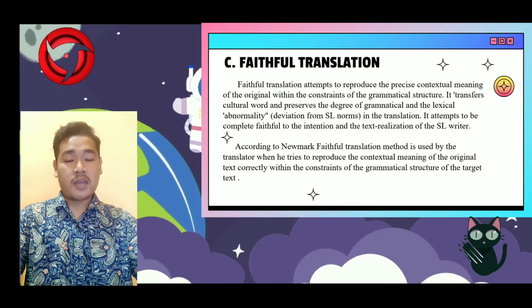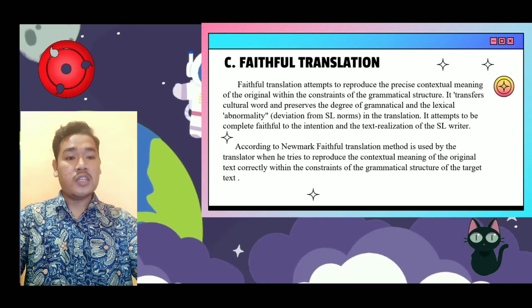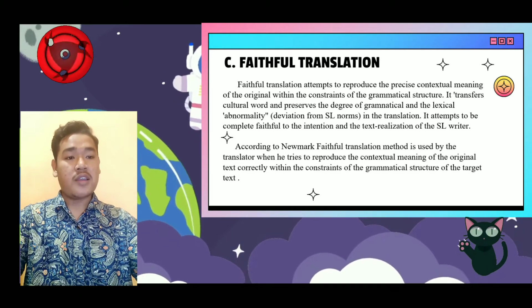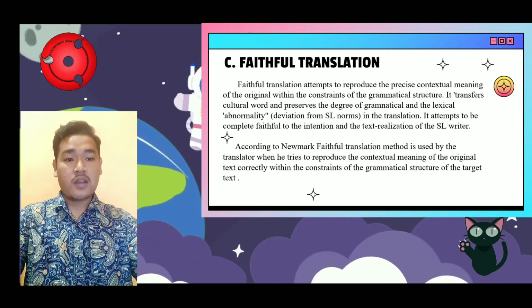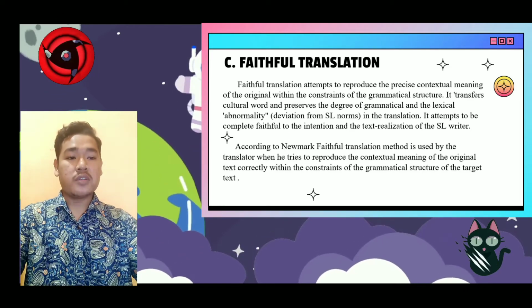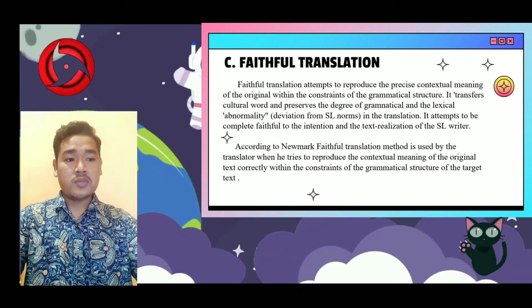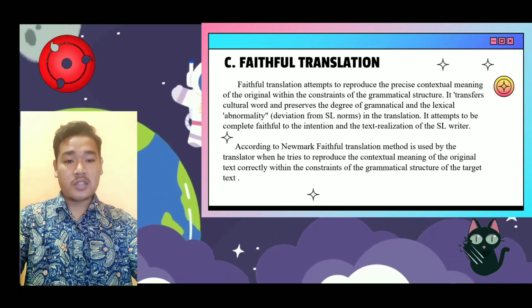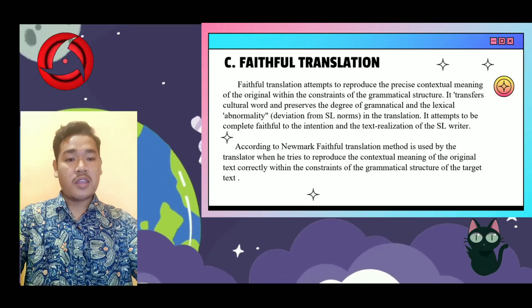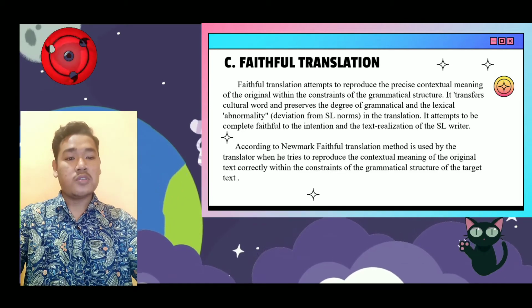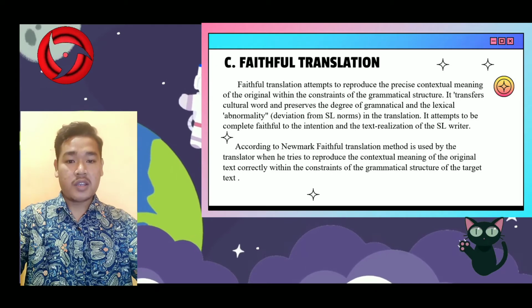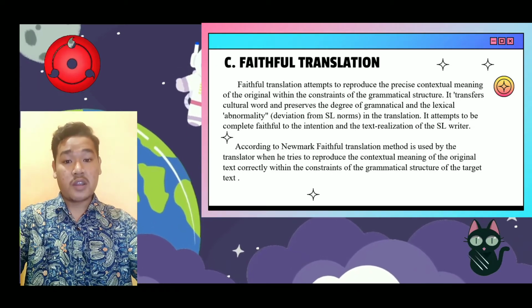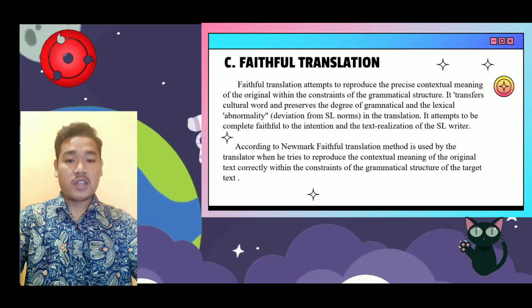It attempts to be completely faithful to the intention and the text realization of the source language writer. According to Newmark, the faithful translation method is used by the translator to reproduce the contextual meaning of the original text correctly within the constraint of the grammatical structure of the target text.